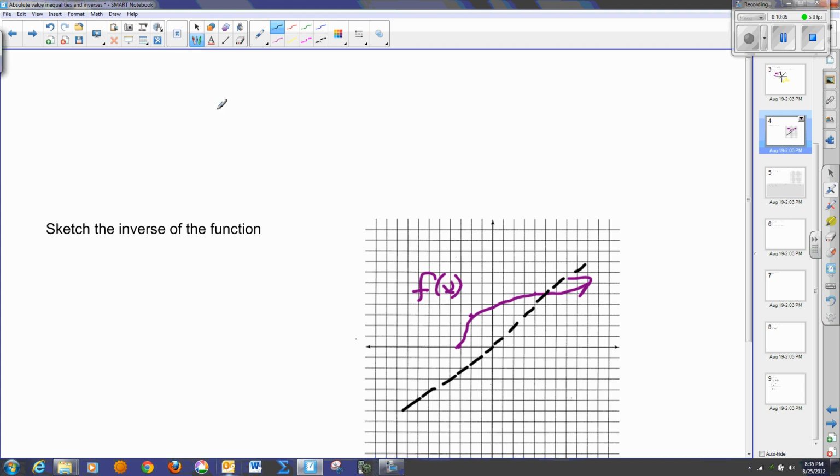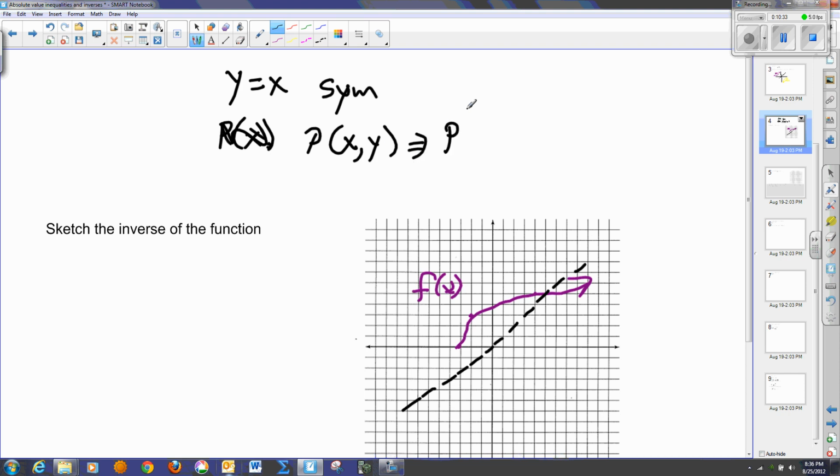And we know if we have y equals x symmetry, we can state that if the point were x and y, then its image point is actually going to be y and x.